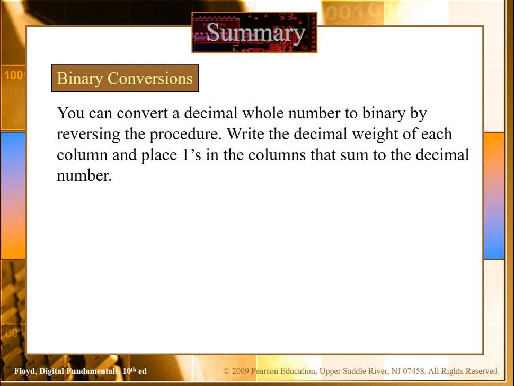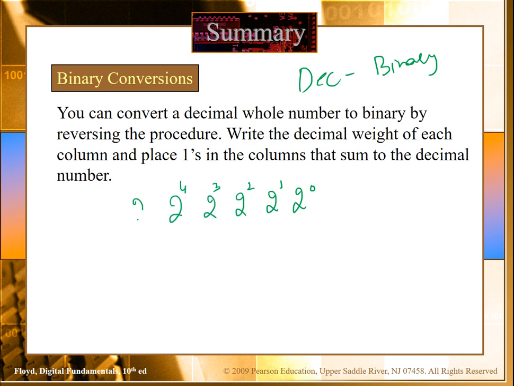Now we learned about the conversion from binary to decimal. If you want to convert decimal to binary, remember one rule, the power rule. What is the base power rule? 2 to the power 0, 2 to the power 1, 2 to the power 2, 2 to the power 3, 4, 5, 6, 7.